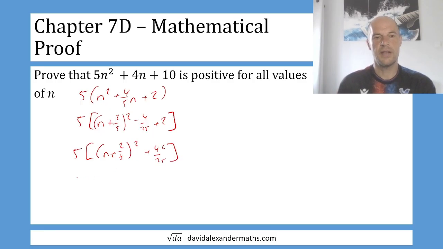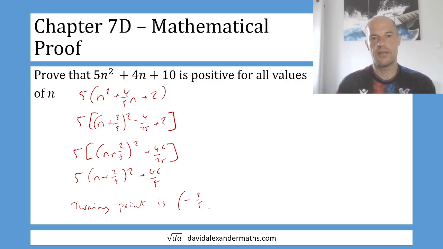Multiplying through by 5, that's 5 lots of n plus 2/5 squared plus 46 over 5. So the turning point is going to be minus 2 over 5, 46 over 5.